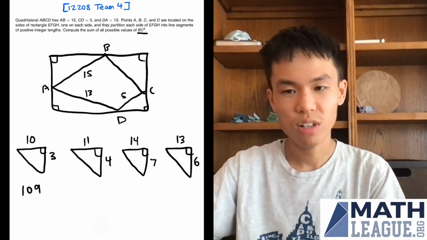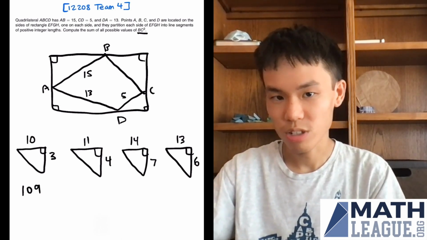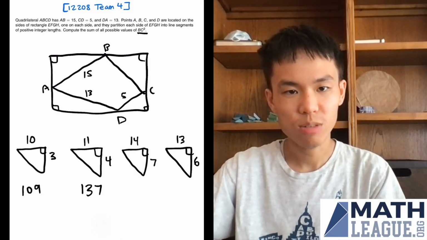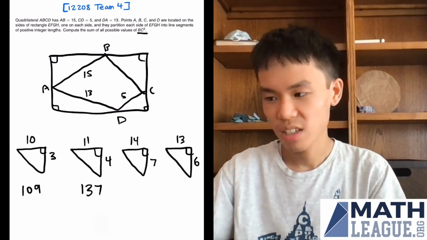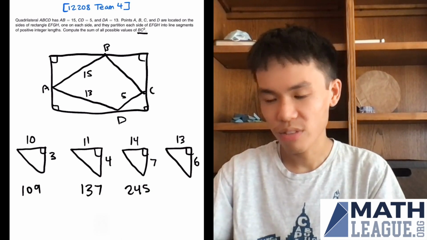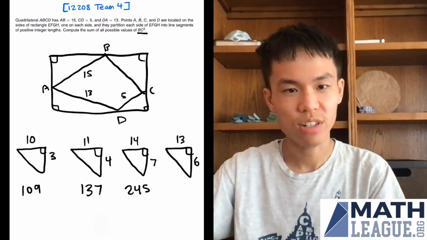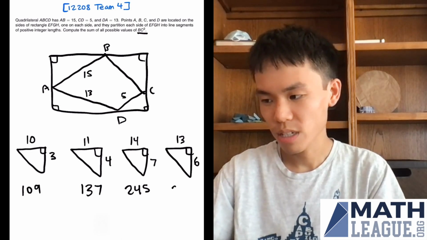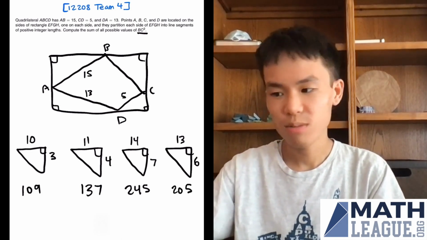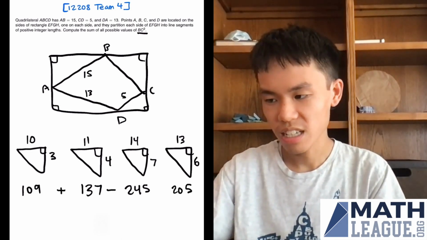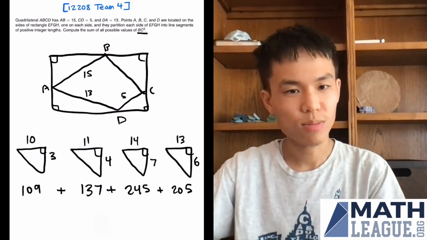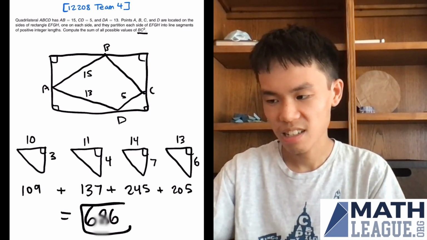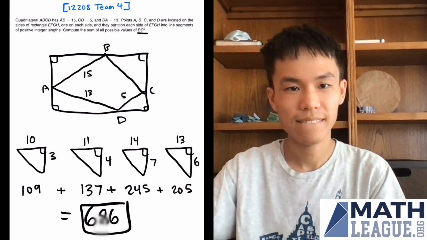Then 11 and 4: 121 plus 16 is 137. Then 14 and 7: 196 plus 49 is 245. And finally 13 and 6: 169 plus 36 is 205. Then we add them all up to get that the sum of the possible values is 686.